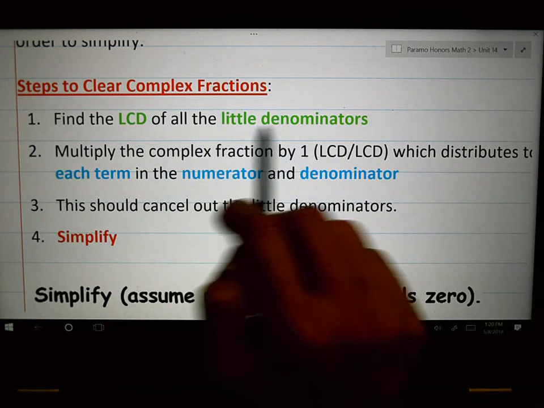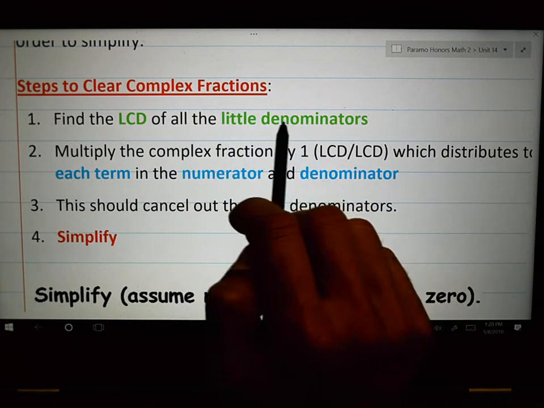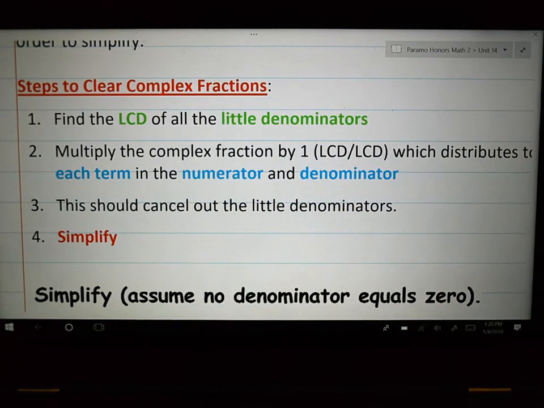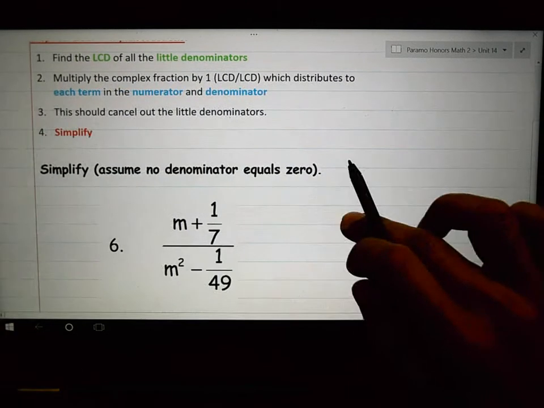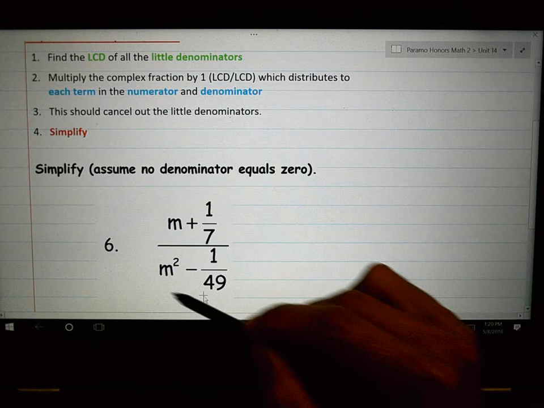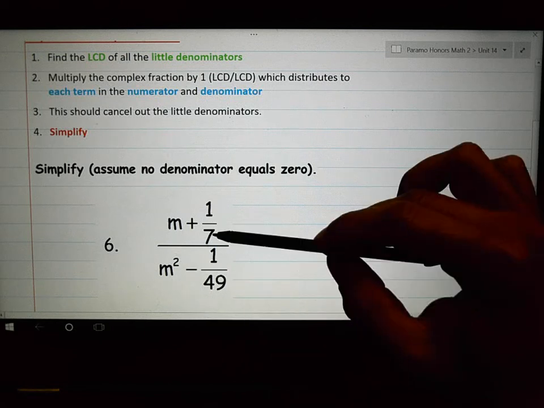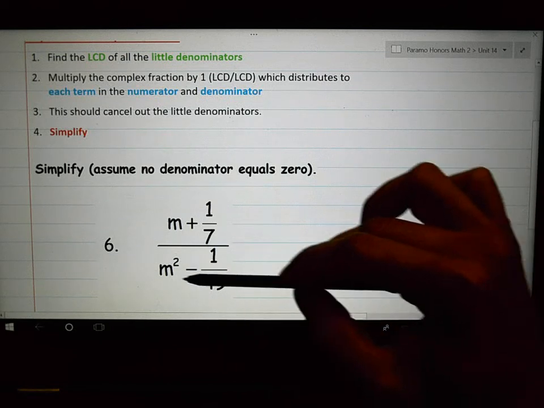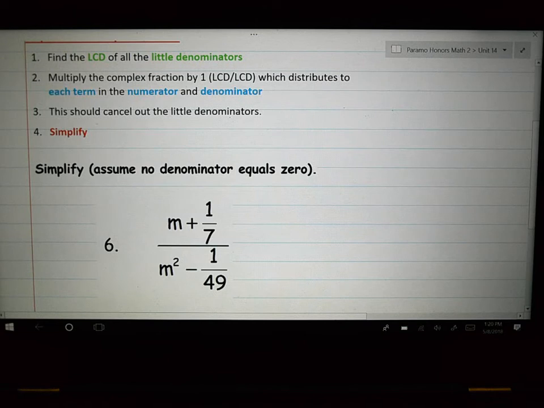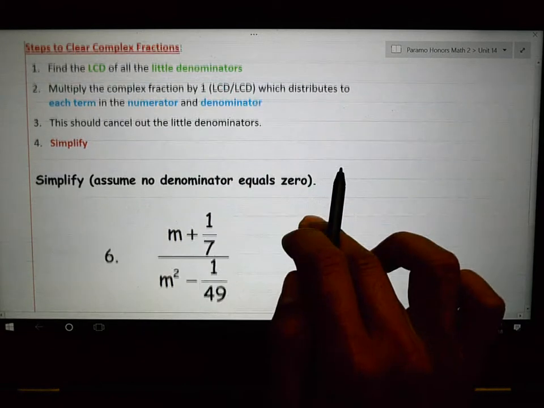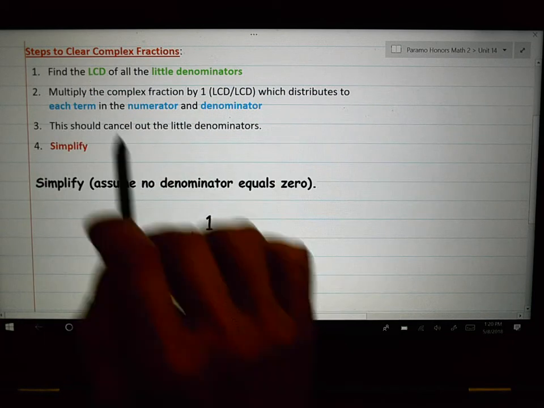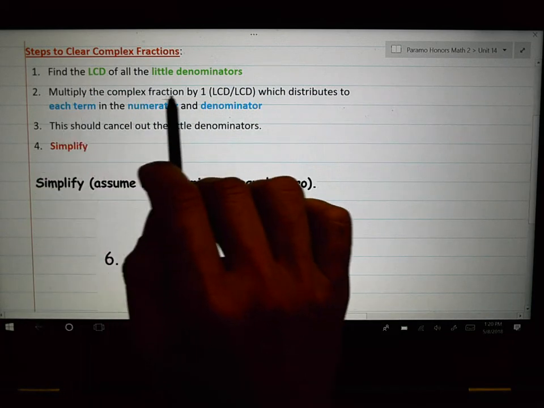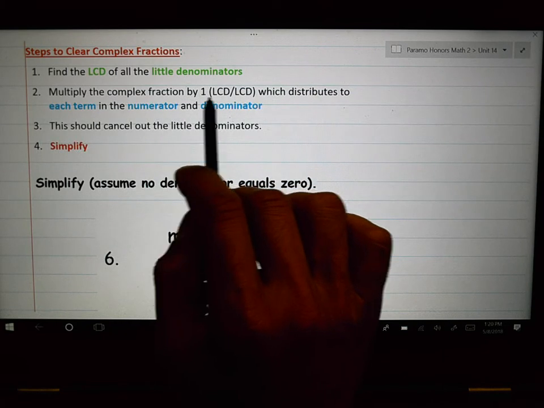And I wrote this, the little denominators, just because I want you to know there's a difference between this denominator. I call this the big denominator, and I call these the little denominators, like they're the smaller ones of all the little fractions inside. So what we're going to do to clear these complex fractions is figure out what the LCD is of all the little denominators. We're going to multiply the complex fraction by 1, technically.